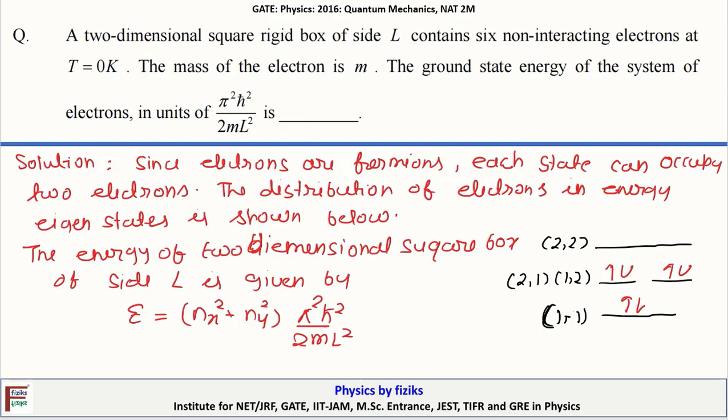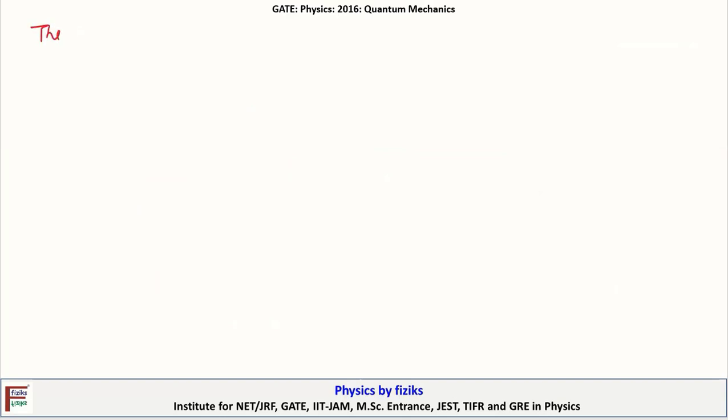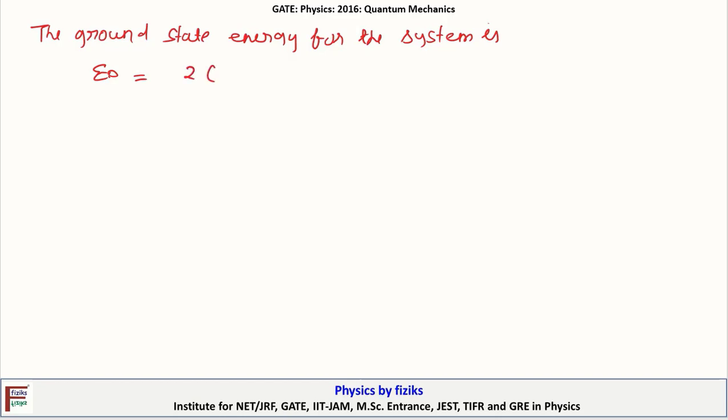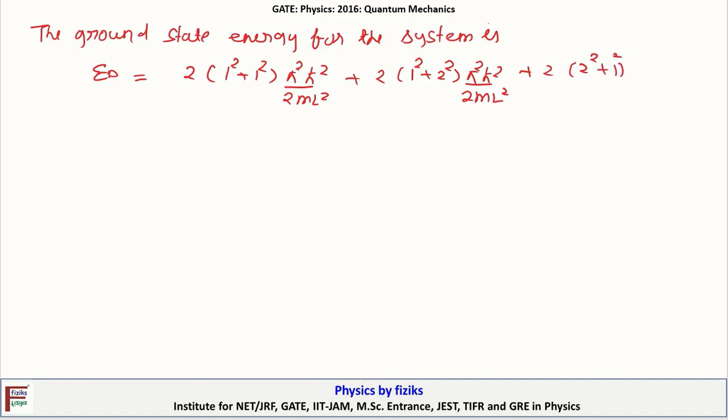Now the ground state energy for the system is E0 equal to 2(1² + 1²) π²ħ²/(2mL²) plus 2(2² + 1²) π²ħ²/(2mL²) plus 2(2² + 1²) π²ħ²/(2mL²).